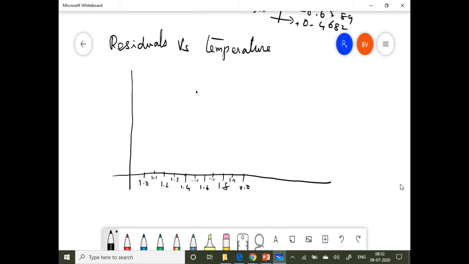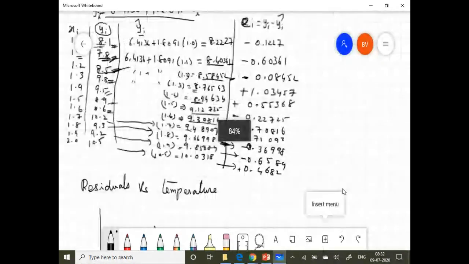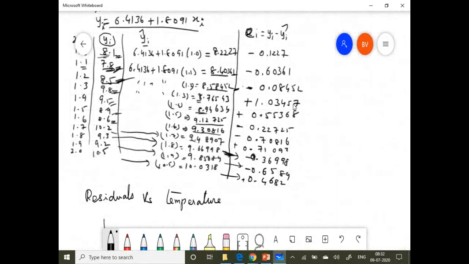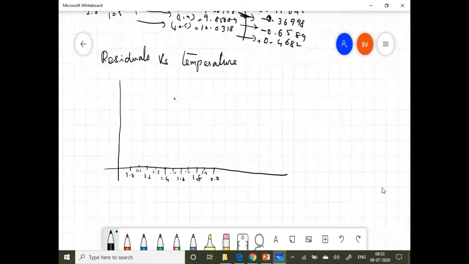Now the residuals. If you go through the residuals, the minimum value will be negative 0.7, between negative 1 and positive 1. Okay, I can roughly draw here.